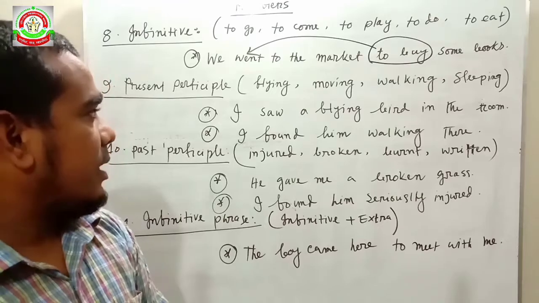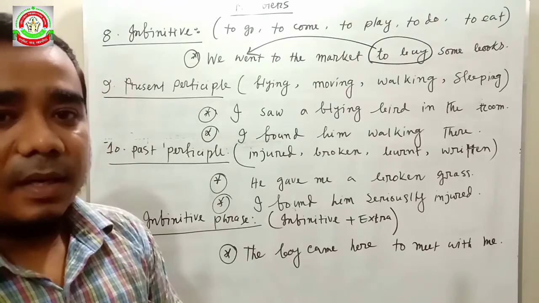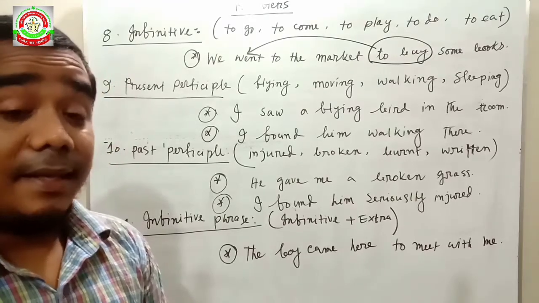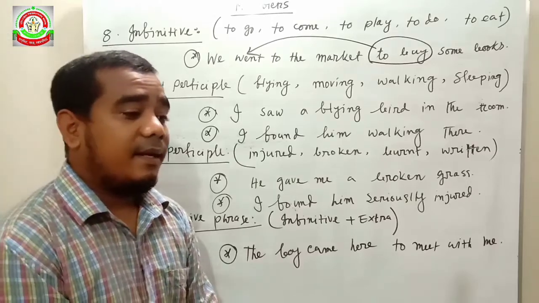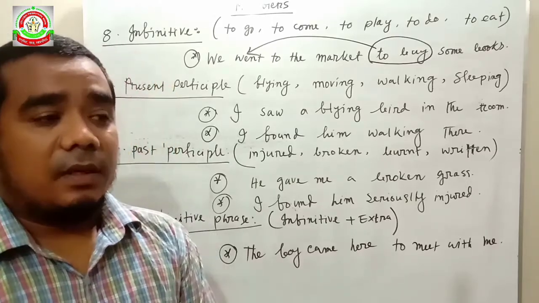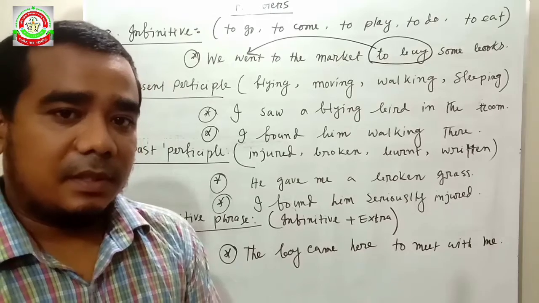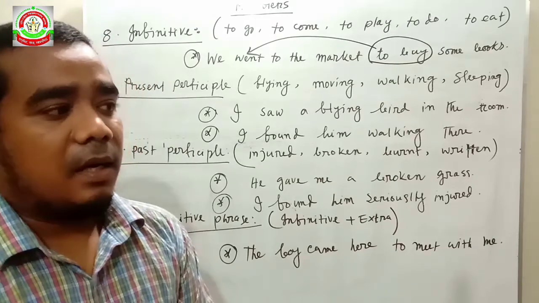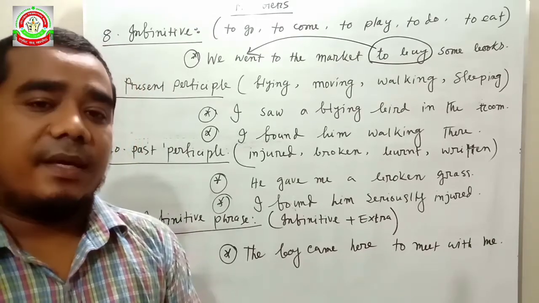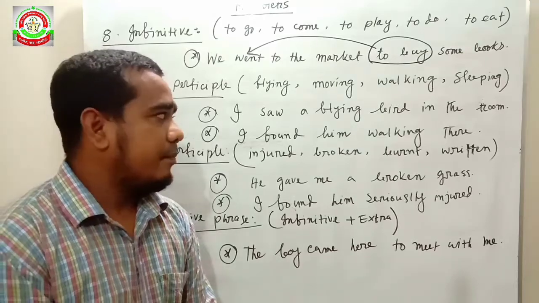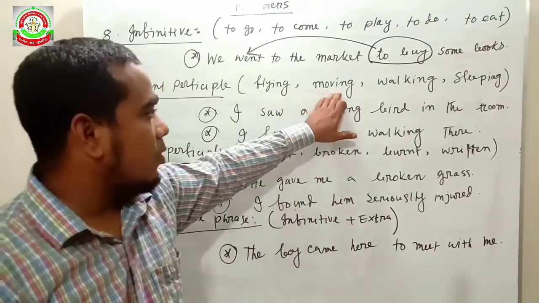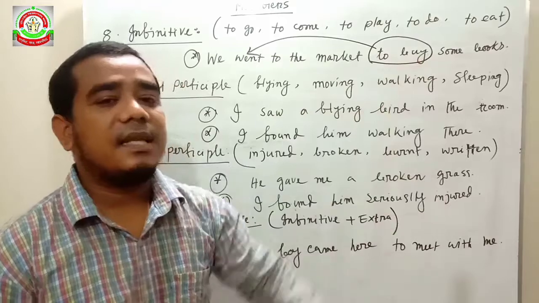Look at the board. I have written some present participles with ing. We can add ing to every verb without the auxiliary verb, making present participles like flying, moving, walking, sleeping.